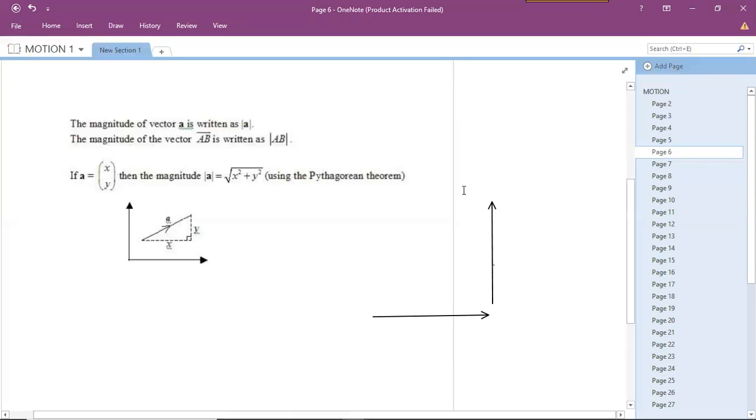Then enhance this diagram. Let me move it there. Okay, much better. So we have got 2 different vectors here.